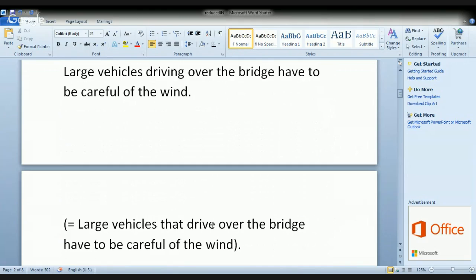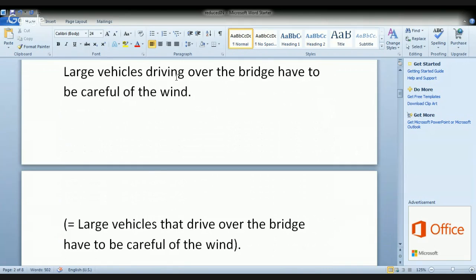Okay, and so we're saying we're using the present simple here because it's a habit. It's something that's normal. It's normal to happen. And so that's why we're just using the present simple. But however, we've used driving, the present participle, in the first sentence, substituting the present simple for the present participle.